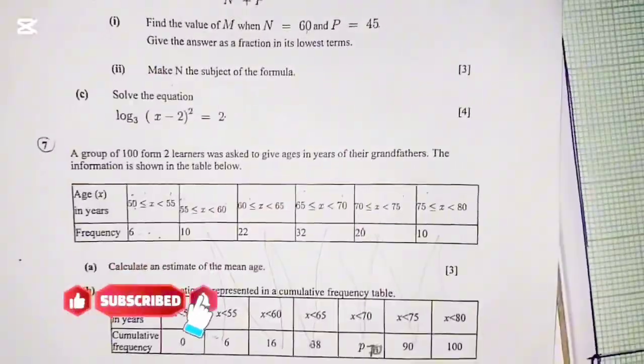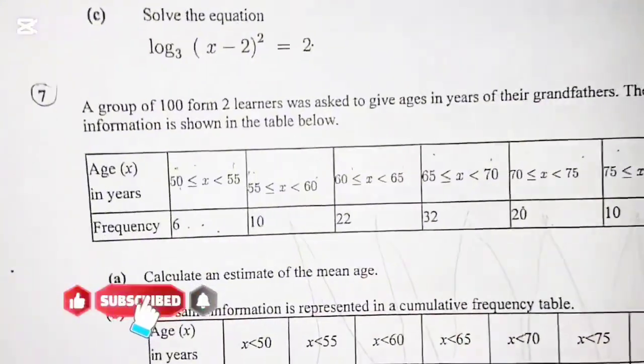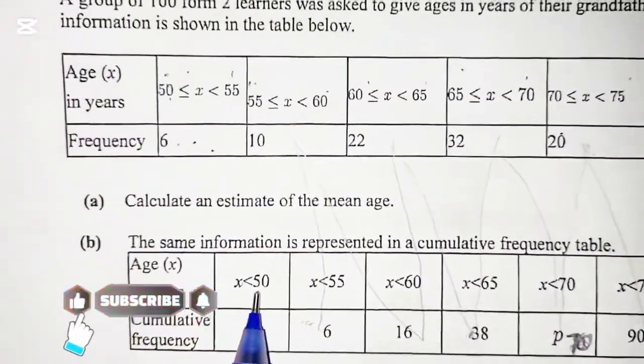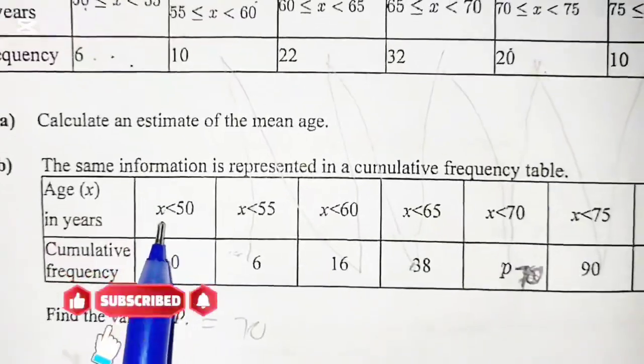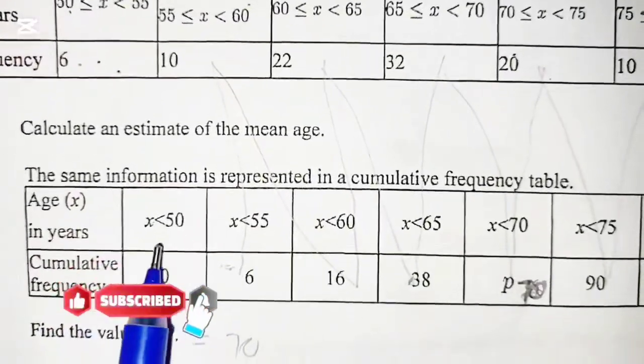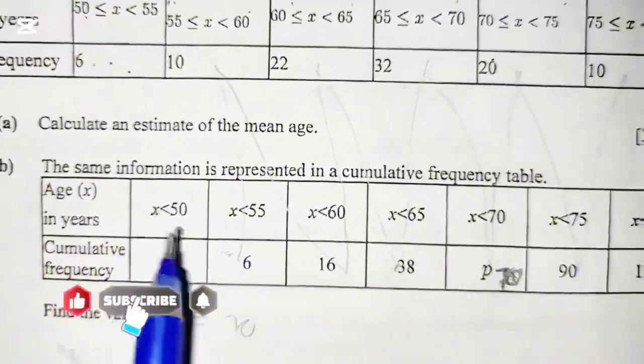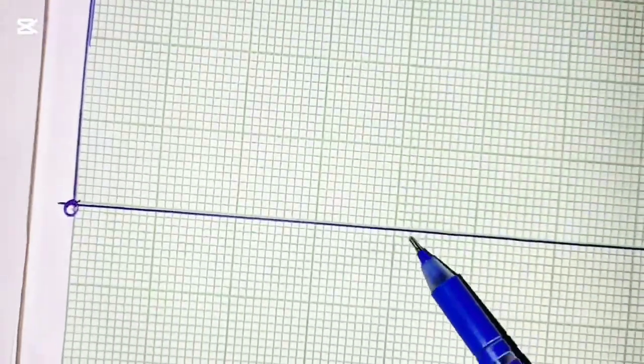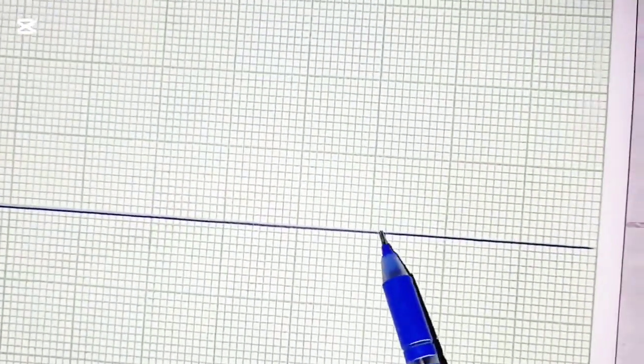Another thing we should always look out for from our table here: age starts with 50, right? Let's not say 0. On this one it is 5, so you might say 0, 5, 10, 15, 20, 25, 30, 35, 40, 45, 50.